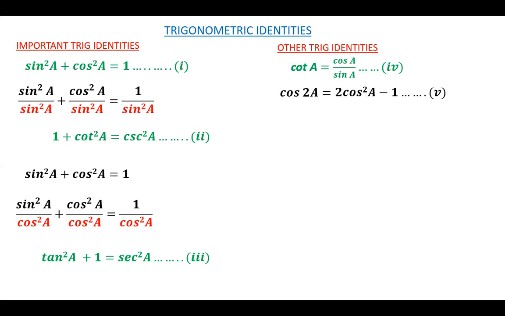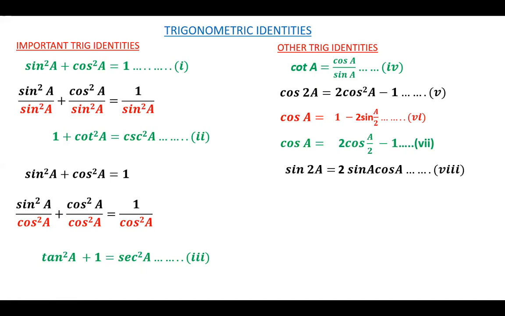We also have the double angle formula for cos, which I explained. We also have the half angle formula for cos, which I also explained. Then we also have a double angle formula for sine, which I explained in the previous slide.